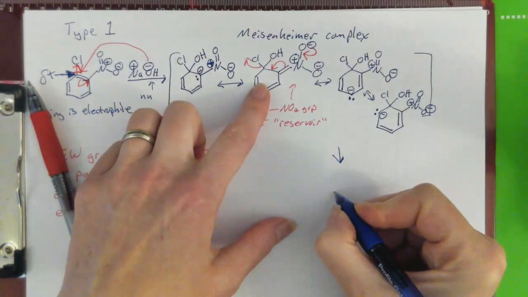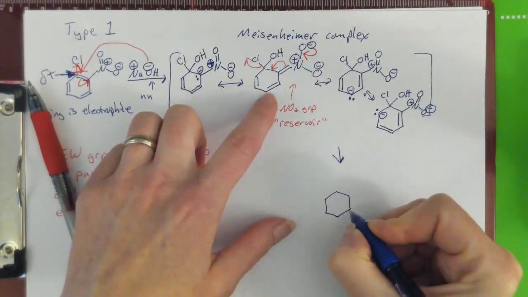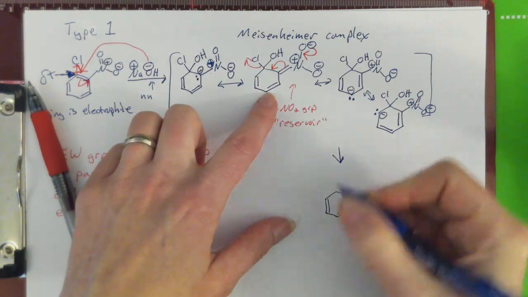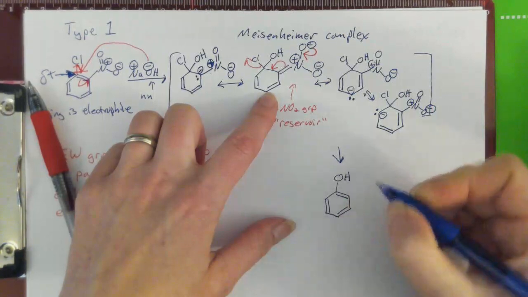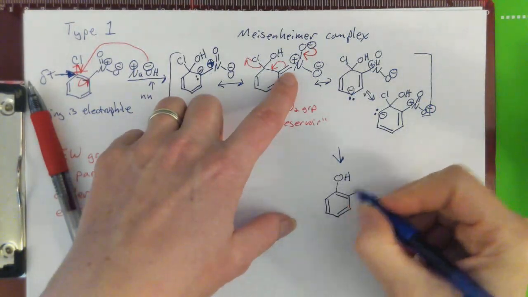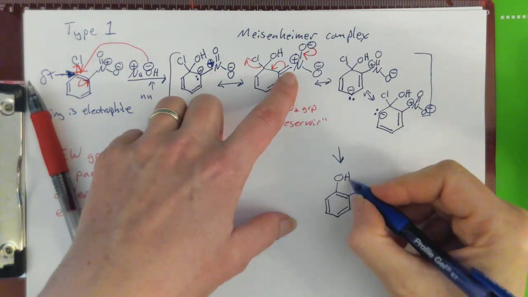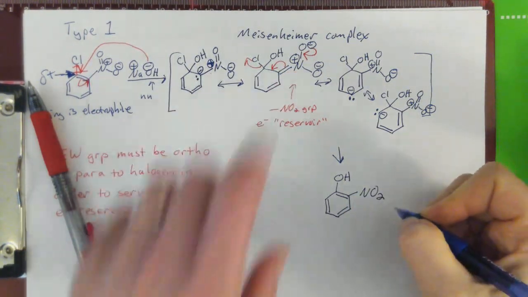and then I get my product. Now in reality, the phenol here is weakly acidic, and so we really get phenoxide where this is ionized, and so you just add a little bit of acid to protonate it. I'm just going to draw it like this.